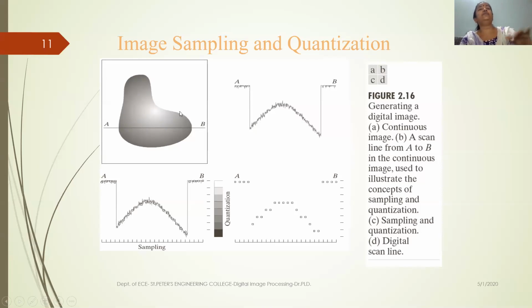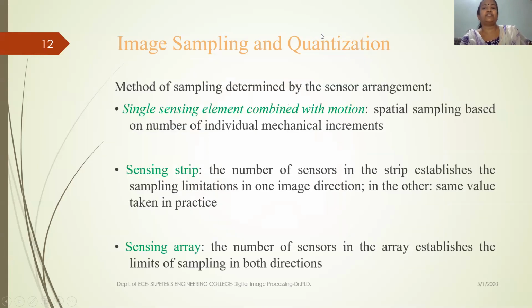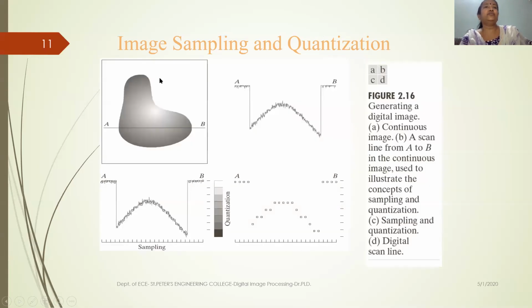How are we going to do the sampling and the quantization of this image? Let us take an example: draw a line over it, and for this particular line you have to do the sampling as well as quantization. The same thing you can continue for the total image, row wise as well as column wise.